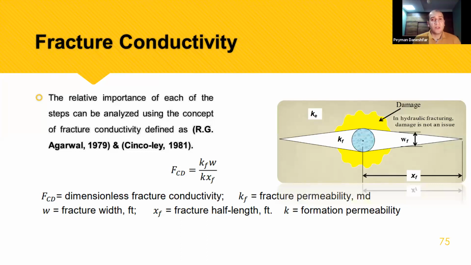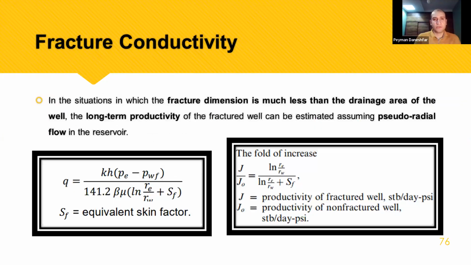This is the formula with which we can find the fracture conductivity. This is important for us because when we find this one, we can find the skin factor, Sf, for fracturing. After the skin factor, we can find the fold of increase, or ratio of increase, and how the production improves.